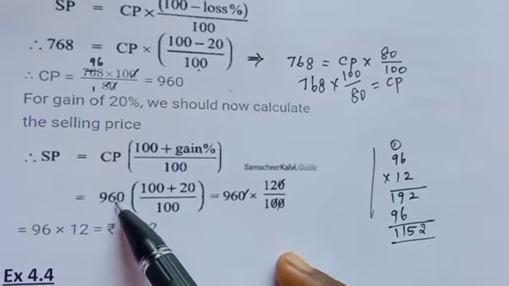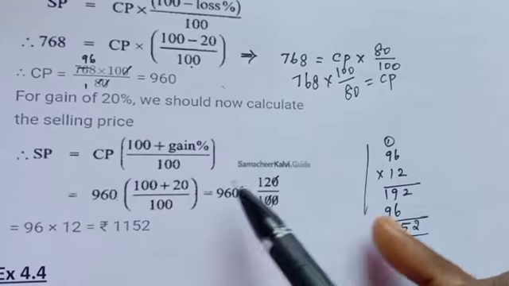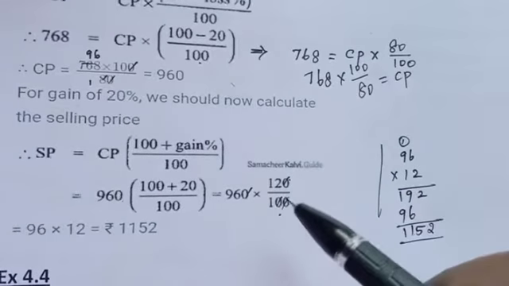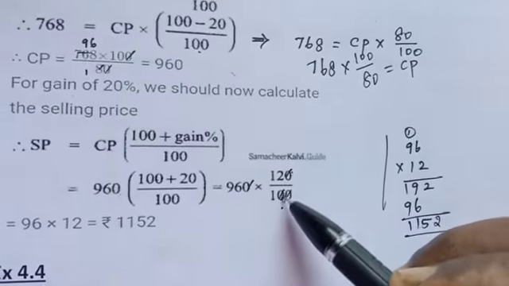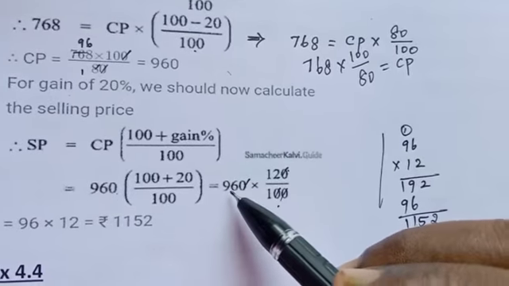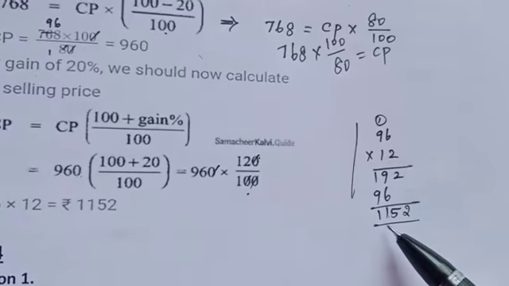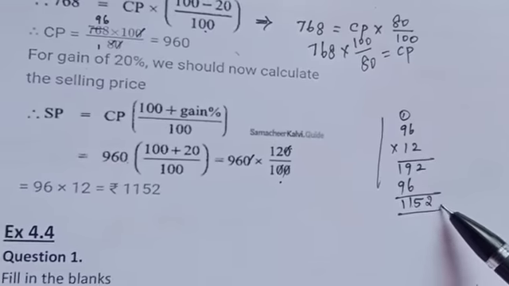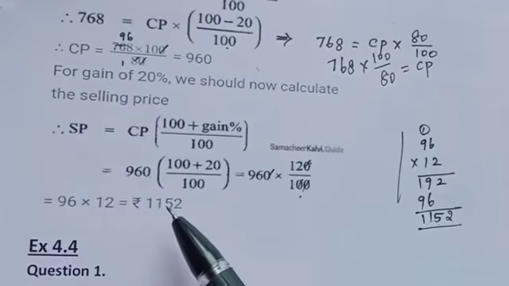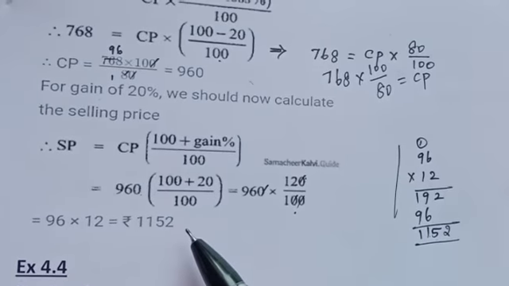So that is 960 into 100 plus 20, 120 by 100. So this 0 and this 0 cancel. After cancelling we have 96 into 12. 96 into 12 you get 1152. Okay, so SP is equal to rupees 1152.